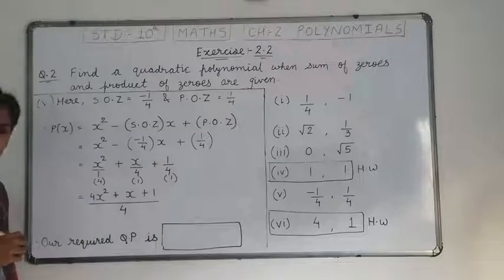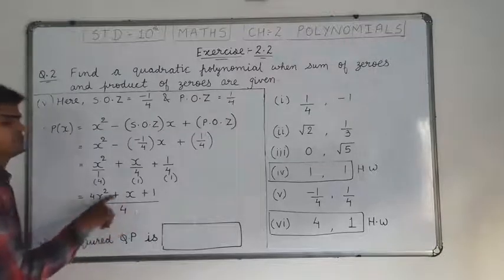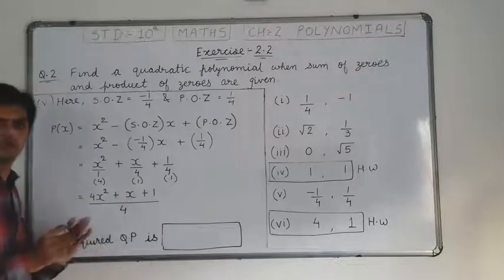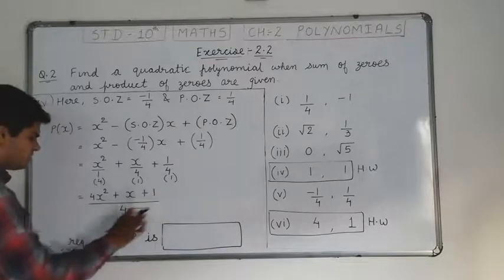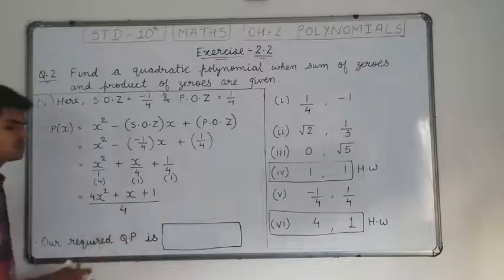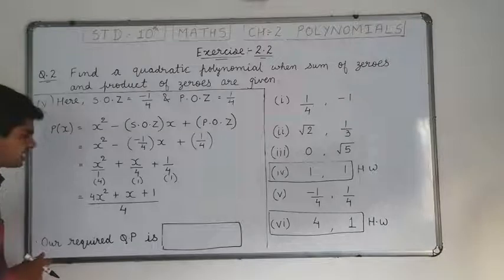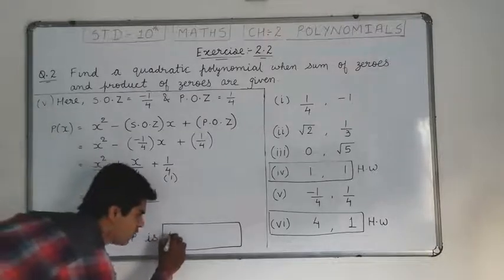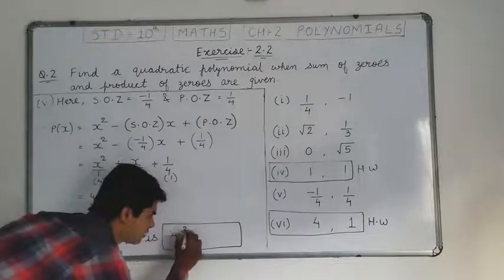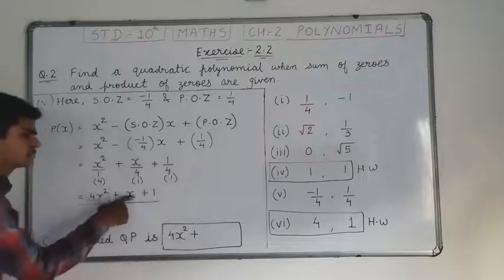Now you know that if anything comes in the denominator, we have to remove the denominator, and our required quadratic polynomial is only the numerator, that is 4x square plus x plus 1.